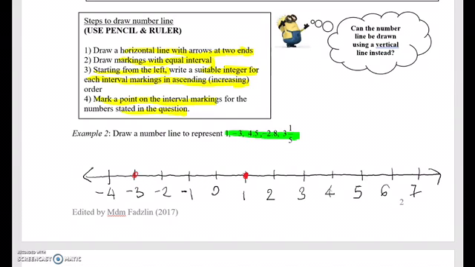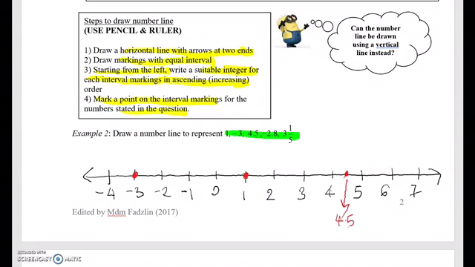Again, I need to draw a dot on the interval marking. The next number is 4.5. Since we know that 4.5 is between 4 and 5, I will draw a dot in between this interval and indicate the number at the bottom of the number line.